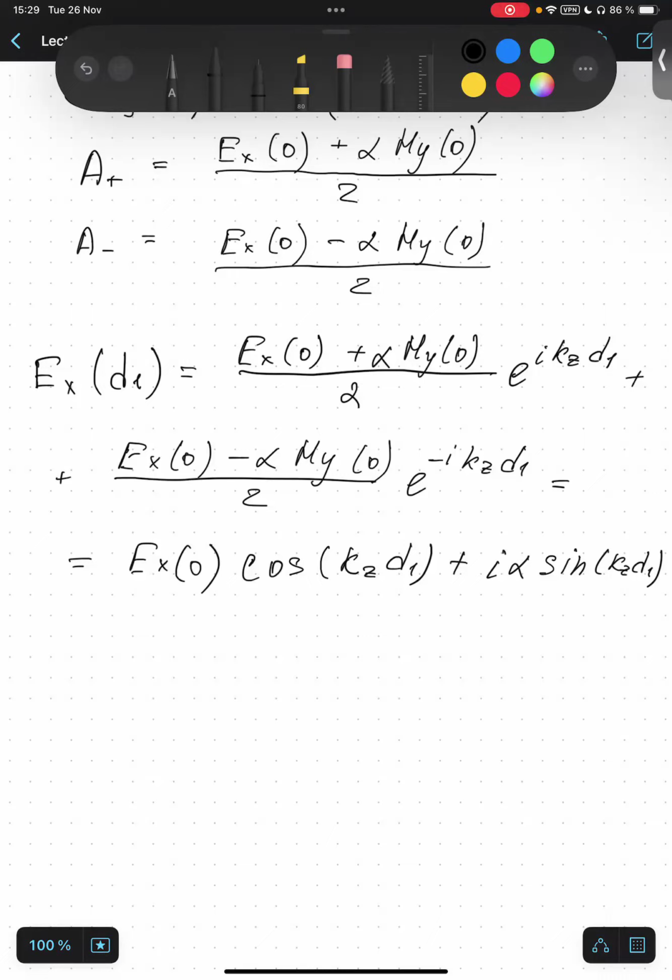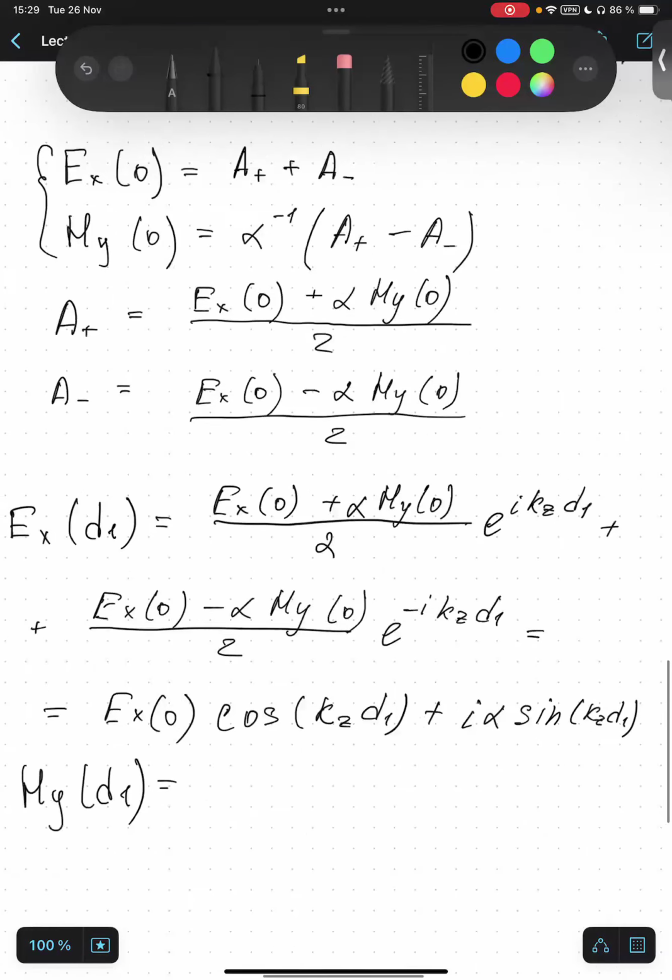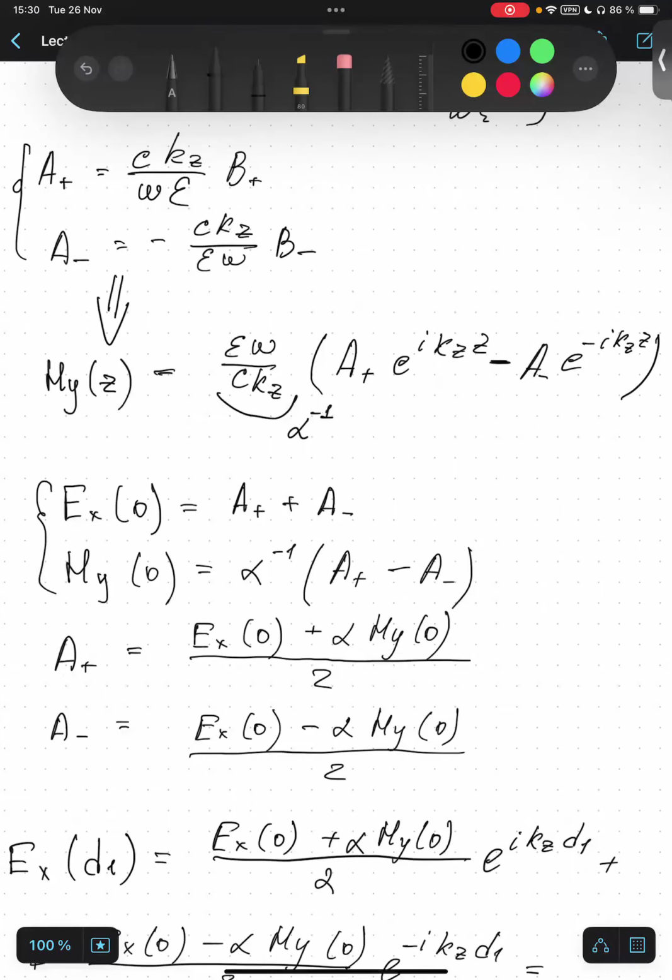This is electric field. For magnetic field, we can write almost the same equation. You forgot a magnetic field in the previous line.